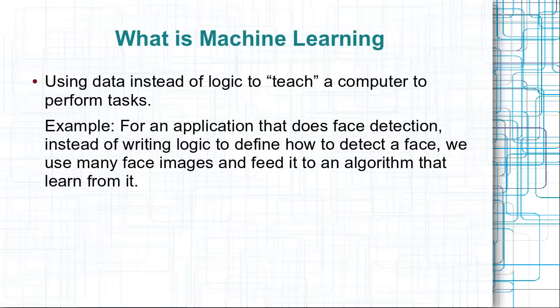So, what is machine learning actually? Using data instead of logic to teach a computer to perform tasks. If we take an example of face detection, instead of writing the logic to define how to detect a face, what is a face, it's eyes and nose and mouth, and how to describe them to a computer, we use a lot of faces and we feed it to an algorithm that finds what's common between faces and learns to find other faces later.